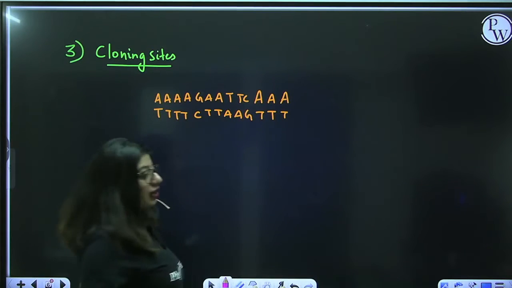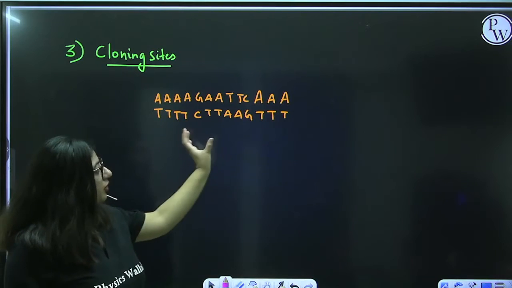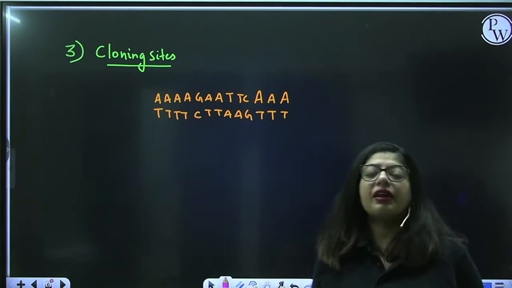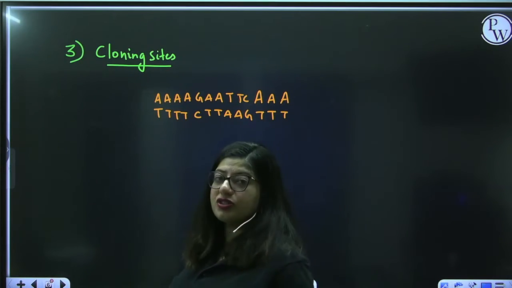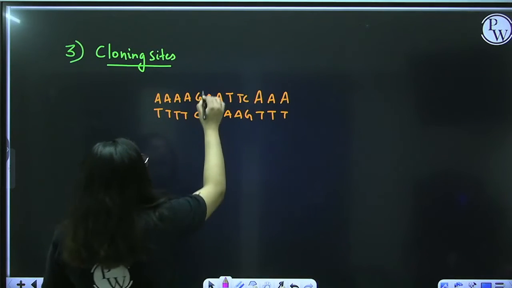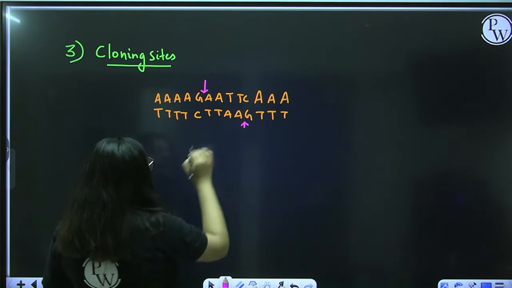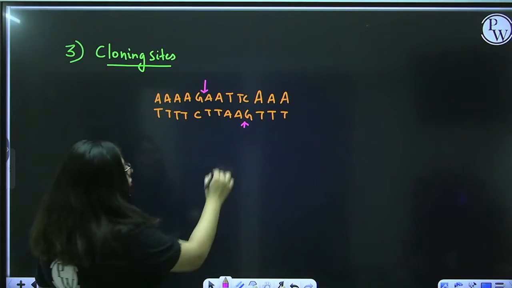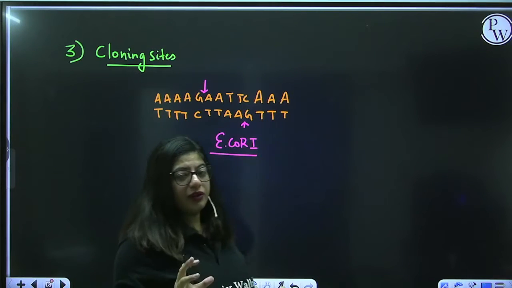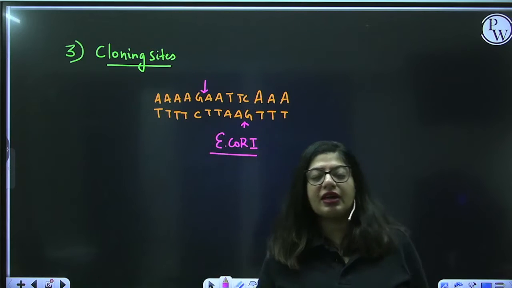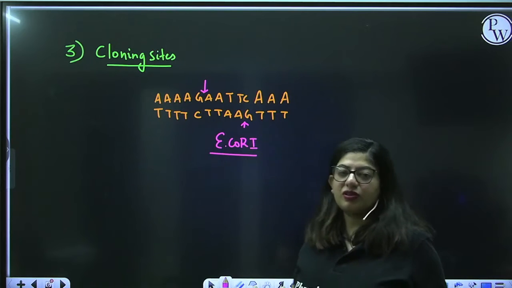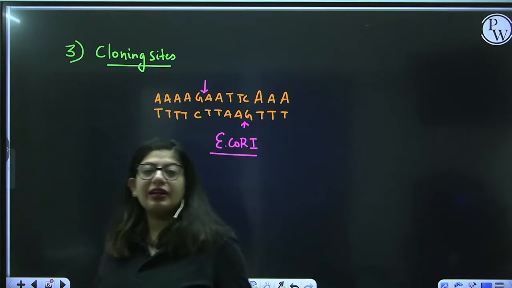If I want my foreign DNA to be placed inside this piece of DNA, then it definitely should have a restriction site for a restriction enzyme. For example, as you can see, it has a restriction site for EcoRI. So your vector should definitely have restriction sites for various restriction enzymes. By that you can easily cut the piece of DNA and put your foreign DNA inside of that.